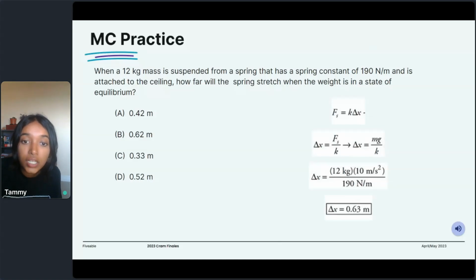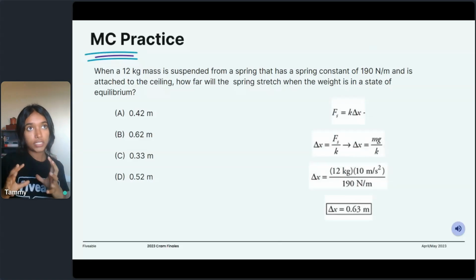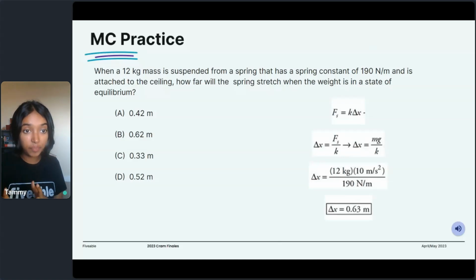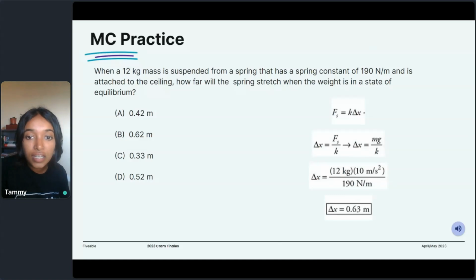And remember the forces acting on this mass are spring force and mg going downwards. They are equal to each other, so we can basically replace them. So spring force is equal to mg. So we just substitute the mg in for the spring force. And yeah, we have our little equation.